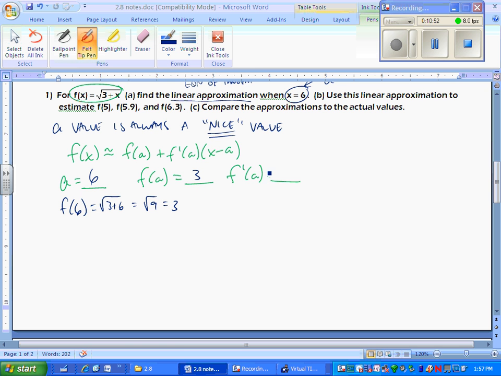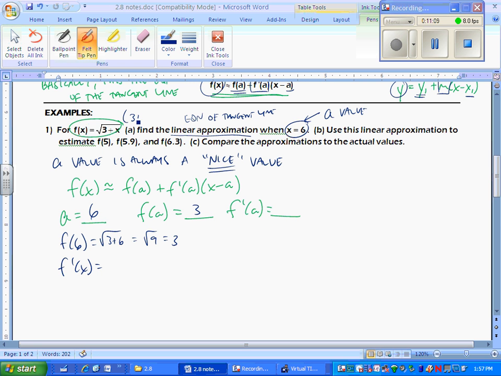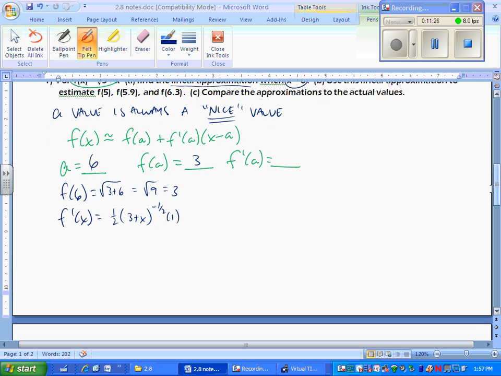Then we have to find the slope, which is the derivative of f at a. So before we can figure that out, we just have to find the flat-out derivative. So f of x is the square root of 3 plus x, which is the same as saying 3 plus x to the 1/2 power. So our derivative would be 1/2 times 3 plus x to the negative 1/2 times the derivative of the inside, which is 1, which we don't really have to write, but just as a reminder, we have to multiply by the derivative of the inside, but since it's just a 1x there, the derivative of that is 1.